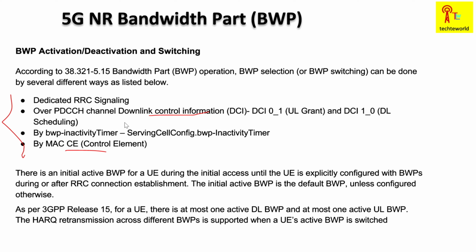If it is not active, then it will not transmit, and hence there will not be loss of this DCI. So we can configure the inactivity of that particular UE in this way. This is also one of the methods introduced in 5G-NR bandwidth part, this bandwidth inactivity timer. This is one thing you can consider.